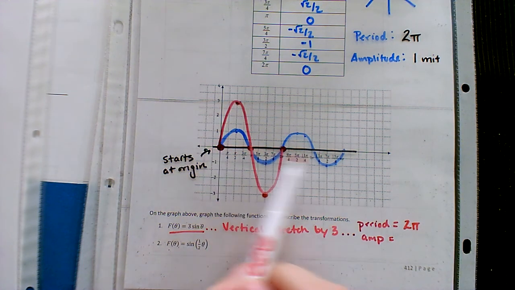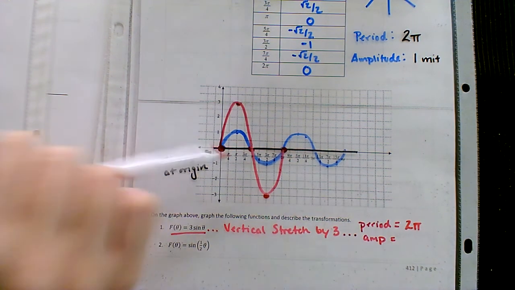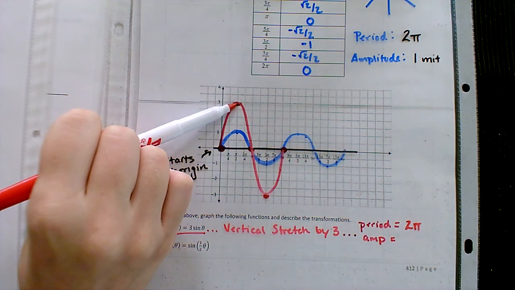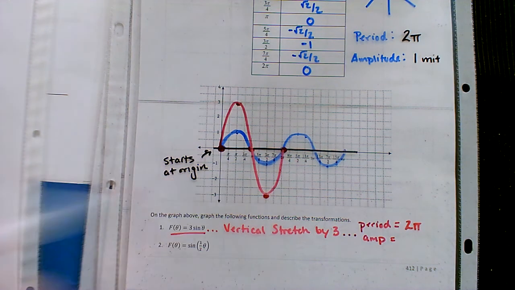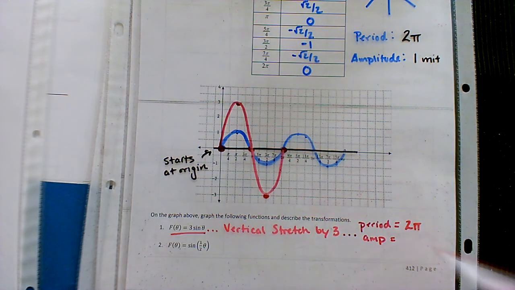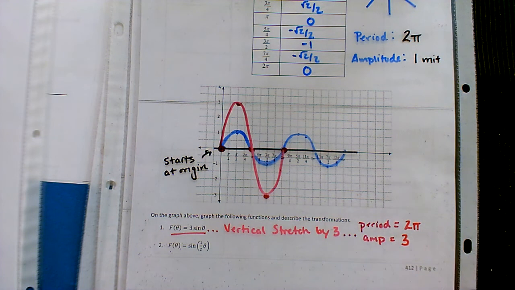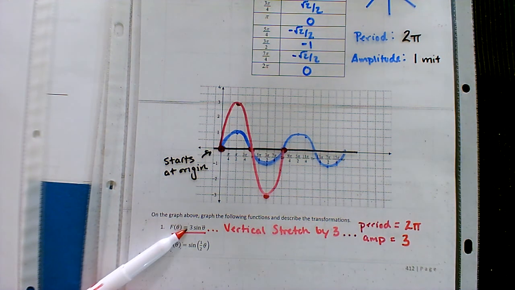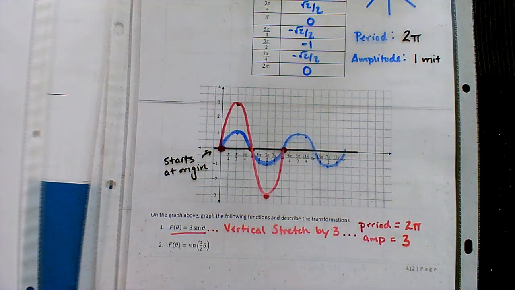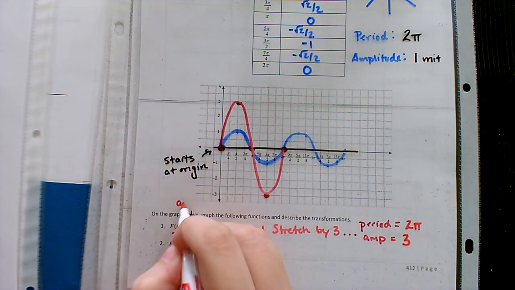The baseline is still at the x-axis, but now notice how we go either up 3 or down 3 to get to that top or lowest point. So what do you think this multiplier of 3 out front is affecting or represents? Can we make a connection? Yeah, that's your amplitude.